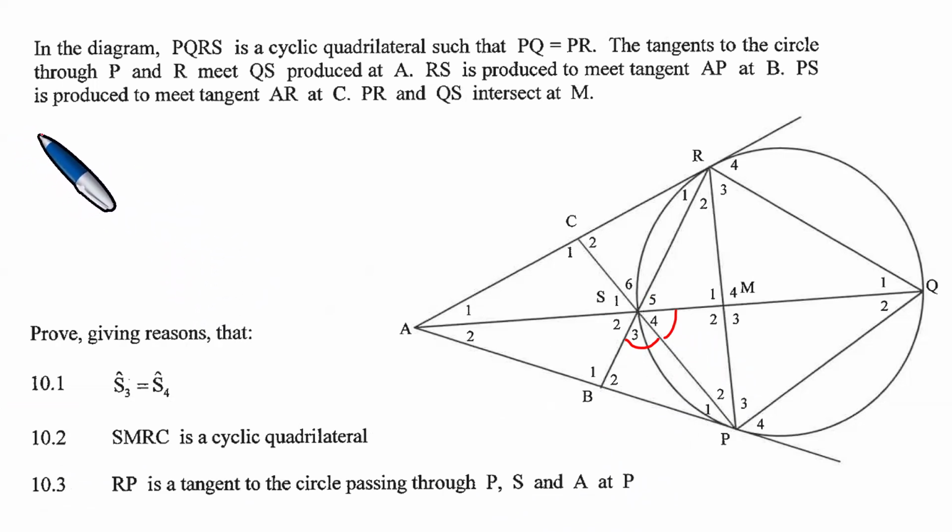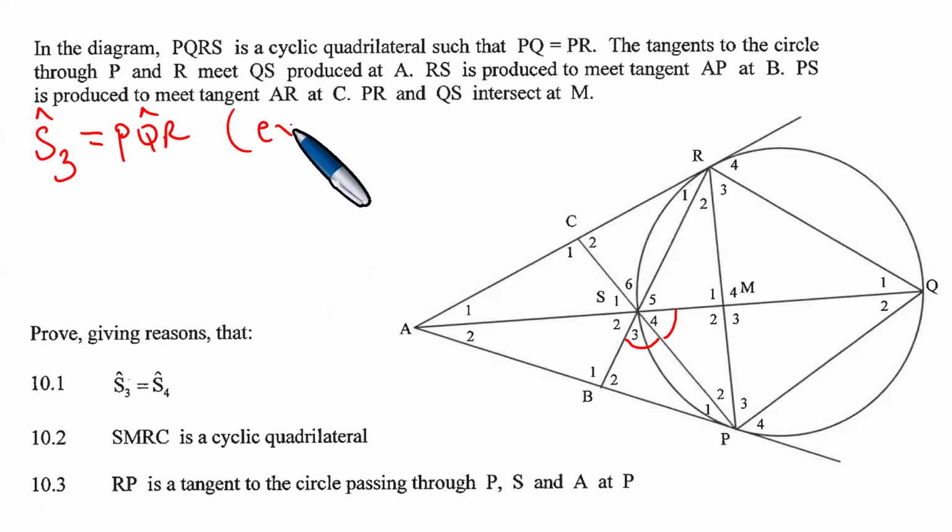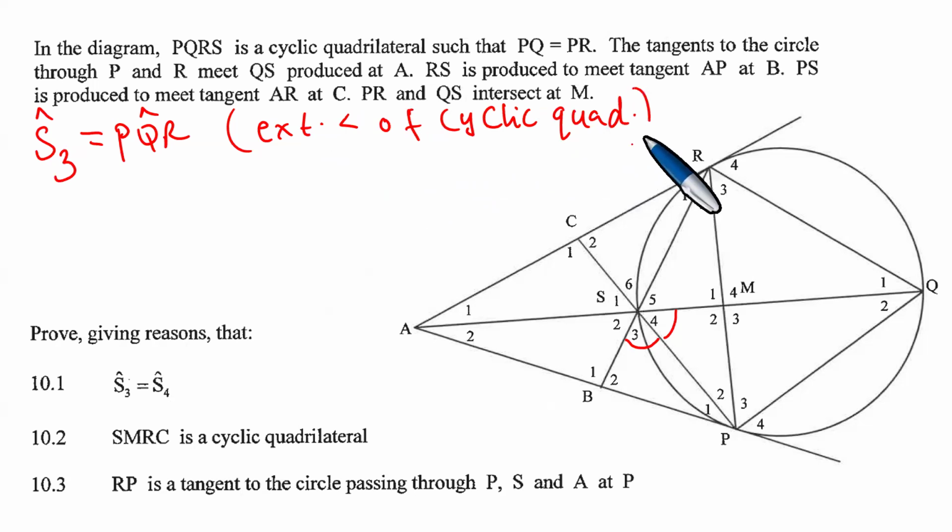We start by saying, first things first, the angle S3 is equal to angle PQR. Therefore, here you have the exterior angle of a cyclic quadrilateral. This becomes the reason.